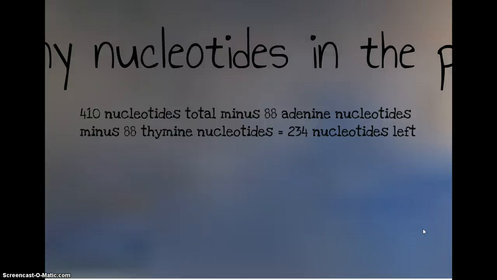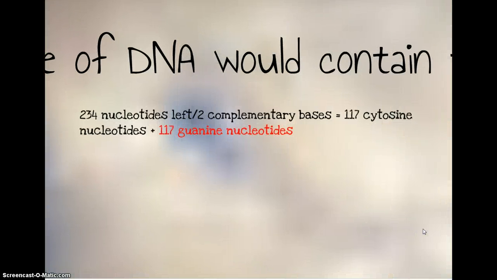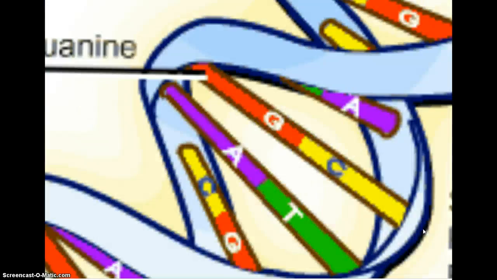So 410 minus 176 gives us 234 nucleotides left. 234 divided by the two complementary bases of cytosine and guanine, because you can't just have a random amount of guanine and expect the cytosine to just hang out there. They have to bond together, which means you take 234 and you divide it by 2, so you'll have an even amount of guanine and cytosine nucleotides. This means that the answer to our question is 117 guanine nucleotides.